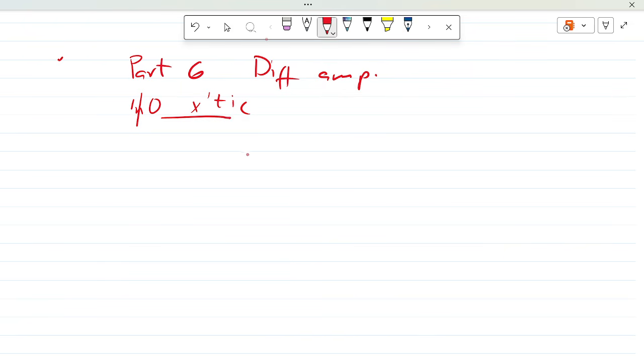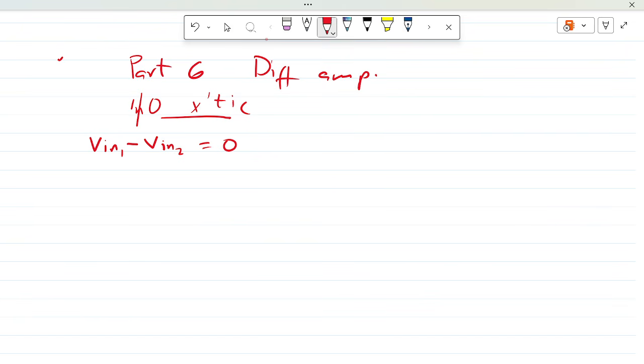So we know for sure that if the differential input, V in 1 minus V in 2, is 0, then the differential output would also be 0. So we just say the differential output is 0 when the differential input is 0.